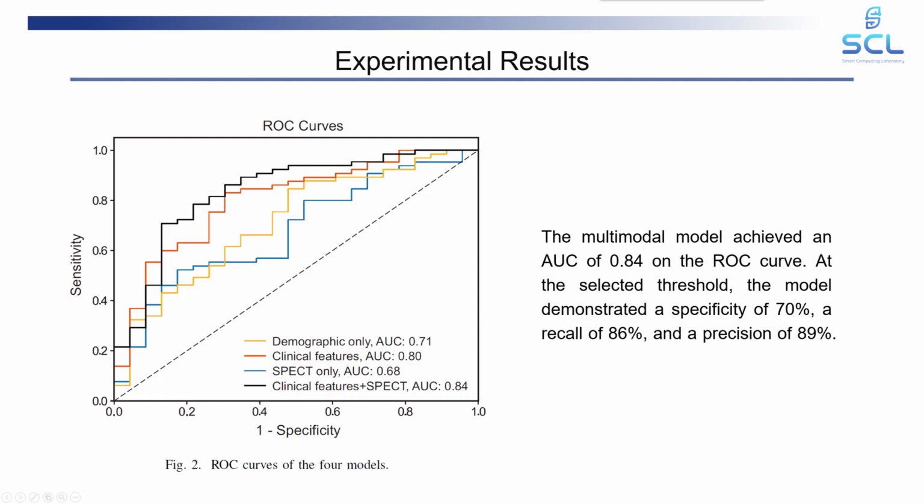The SPECT-only model had the lowest AUC, suggesting that while SPECT images are helpful, they are not enough on their own for accurate predictions. The multimodal model was the best, with an AUC of 0.84.